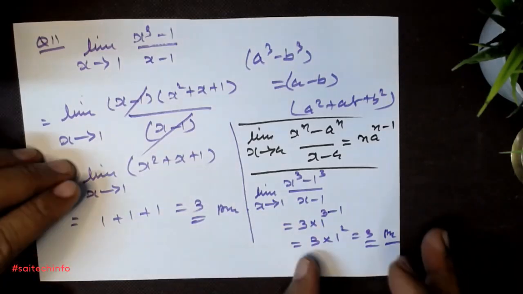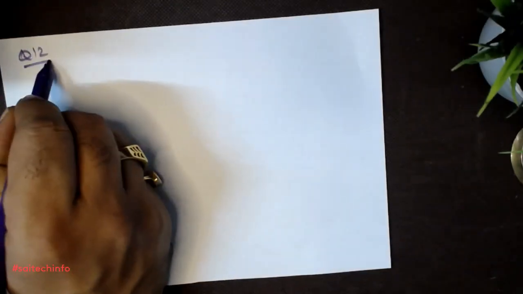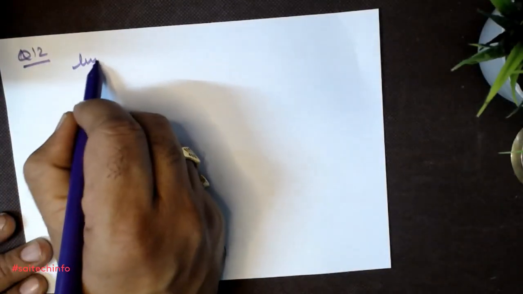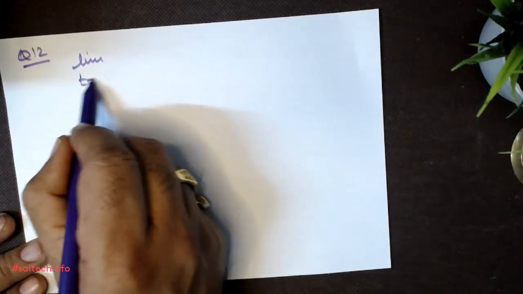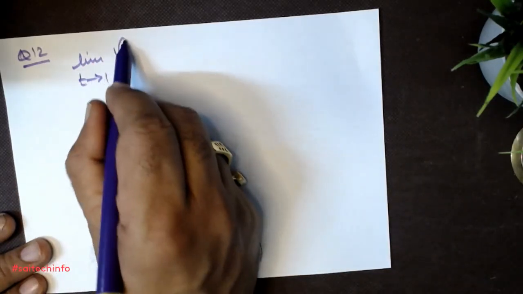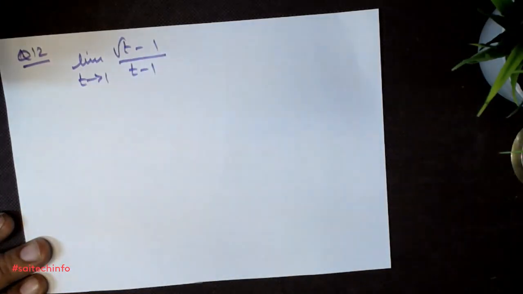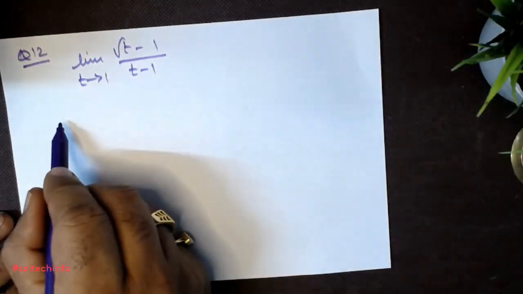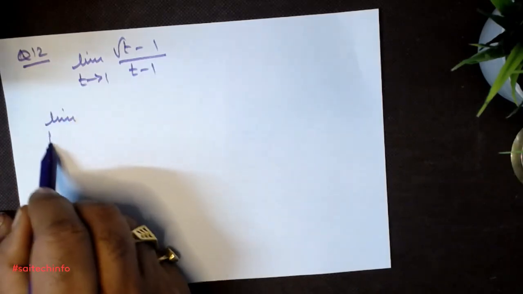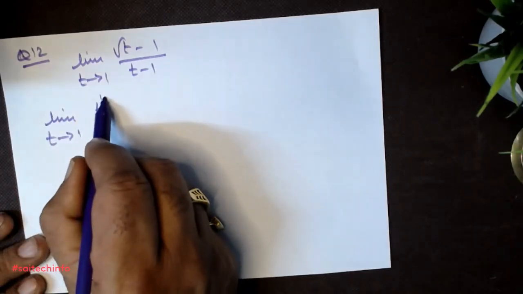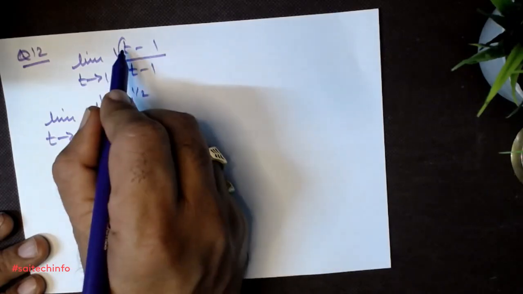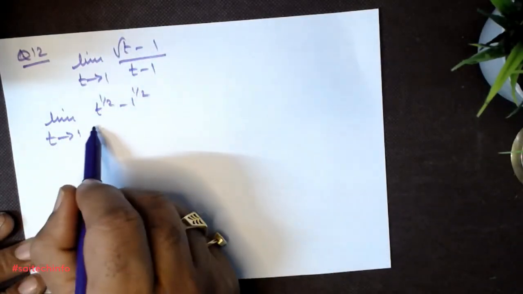So can you apply the similar formula for the next sum also? 12. Limit t approaches 1, root of t minus 1 divided by t minus 1. Okay, so how we can proceed? Limit t approaches 1, t power 1 by 2 minus 1 power 1 by 2. We can put root t as t power 1 by 2.